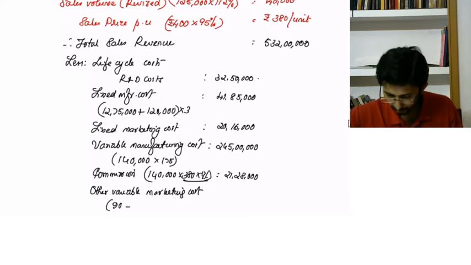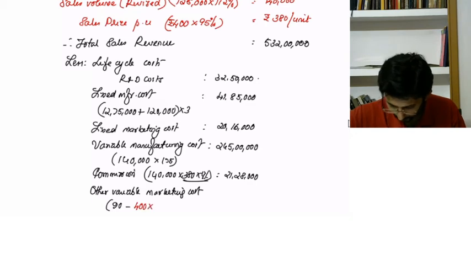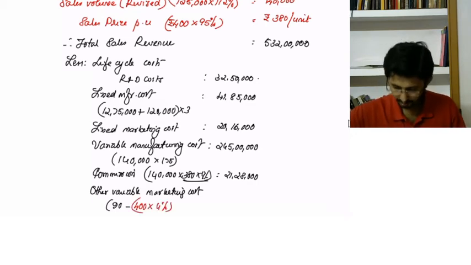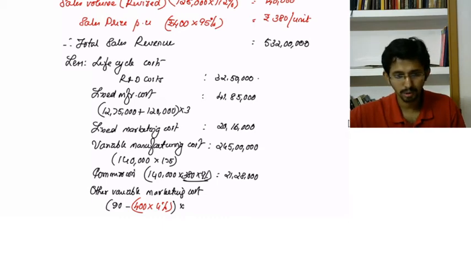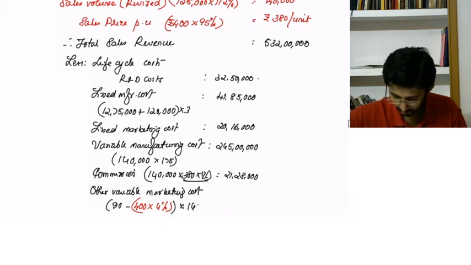They are not talking about any changes in this particular thing. So here what you have to do, from 90 you have to reduce what? The previous commission itself. How much is that? 400 into 4%, that will be 16. Then this multiplied by how much? We have to multiply with 1,40,000.